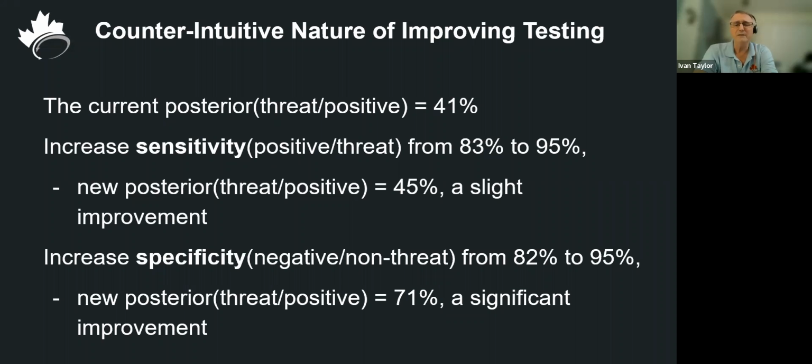This is primarily because in this system, as in many systems, the whole concept of testing is overwhelmed by non-threats and anomalies that are non-threats. So improving your ability to identify those non-threats can really have an improvement on your testing.